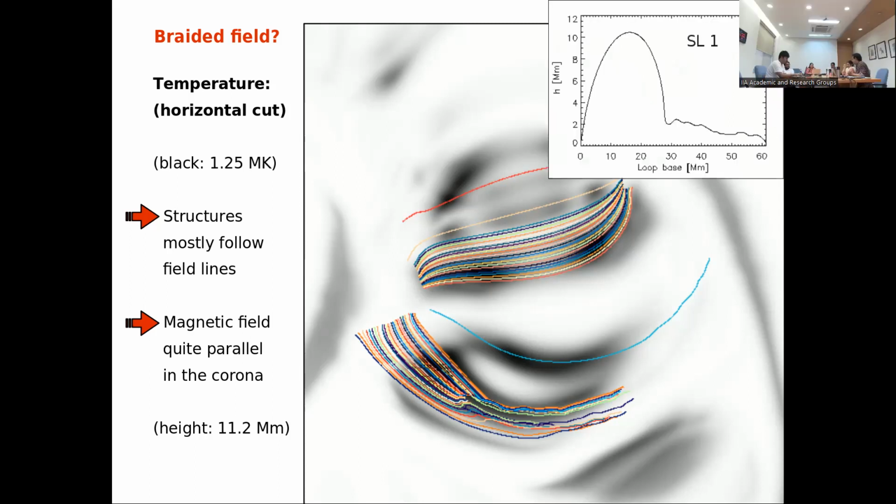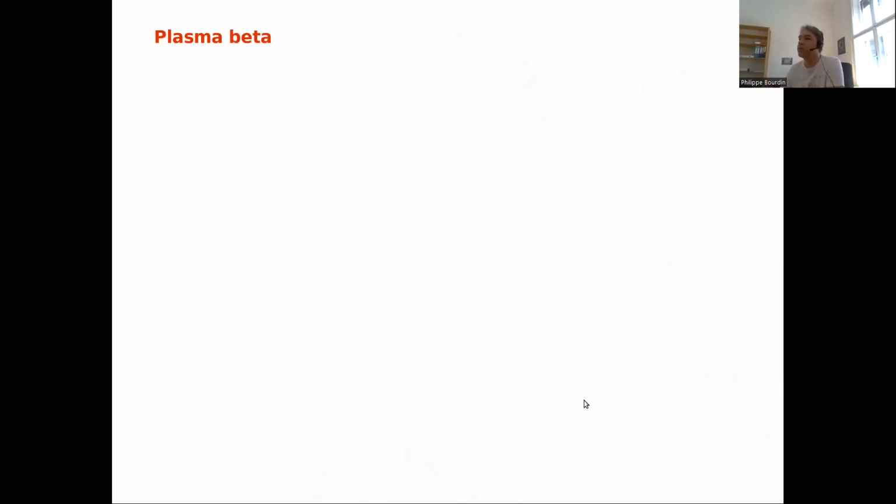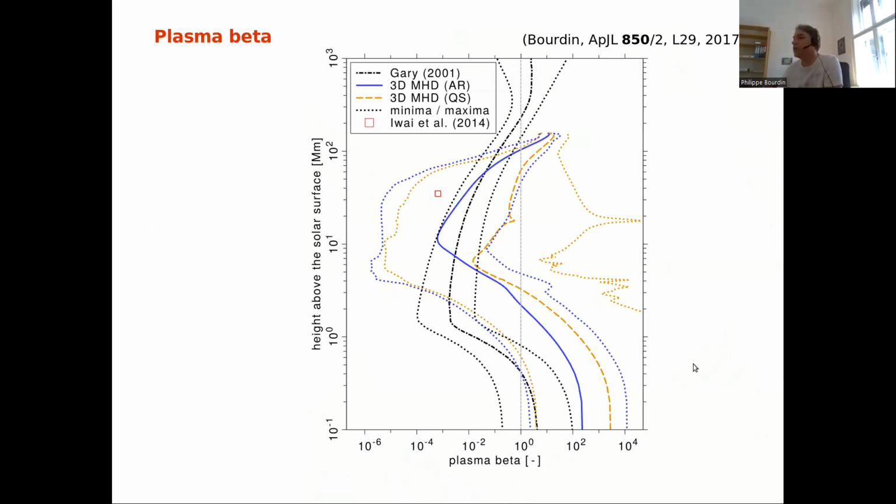Yes, okay. This is just one of these loops shown from the side here. Plasma beta, maybe we can discuss that quickly. We checked how plasma beta changes with height in the corona, and there's an important finding. The original paper, which is already cited around 500 times, is Gary 2001.